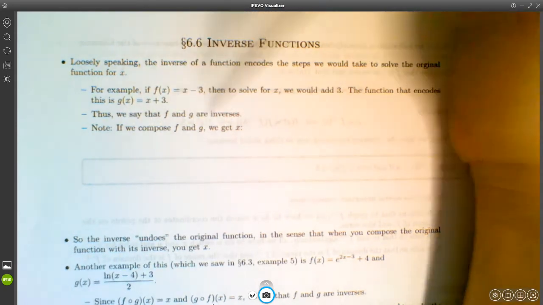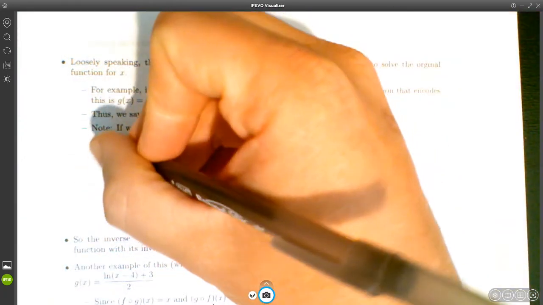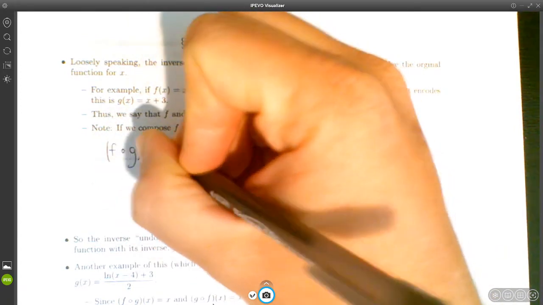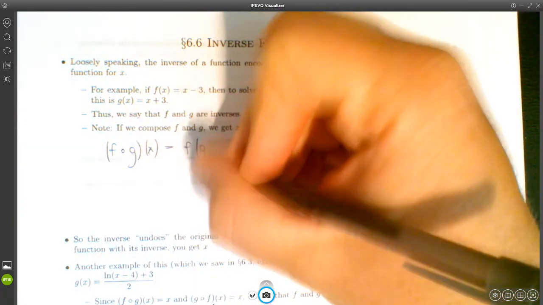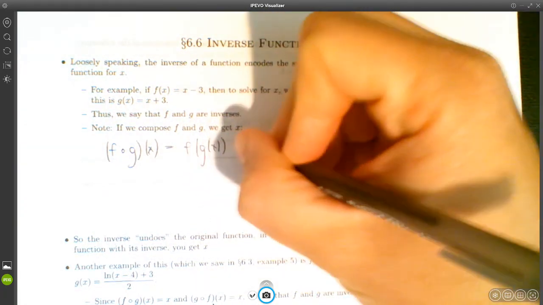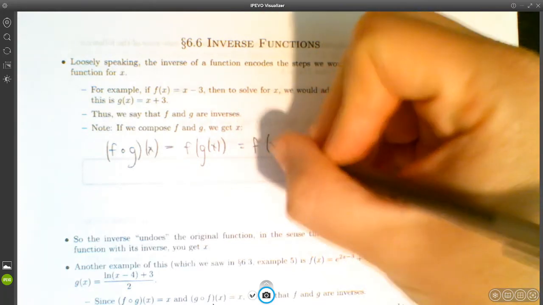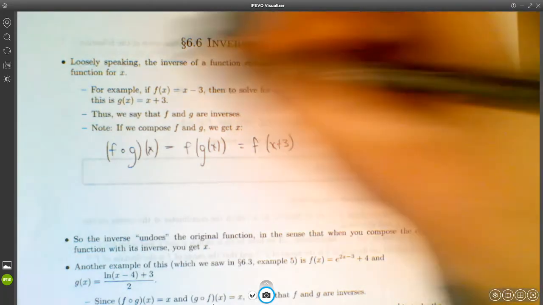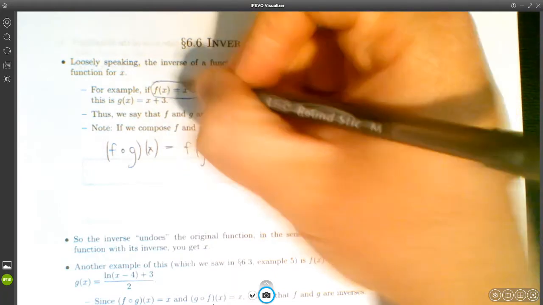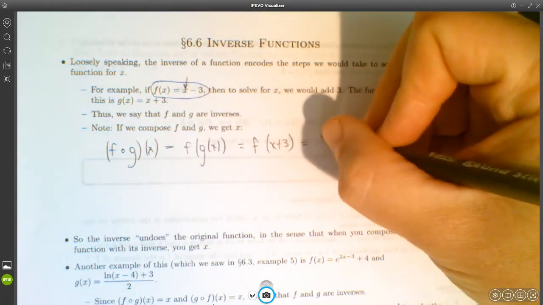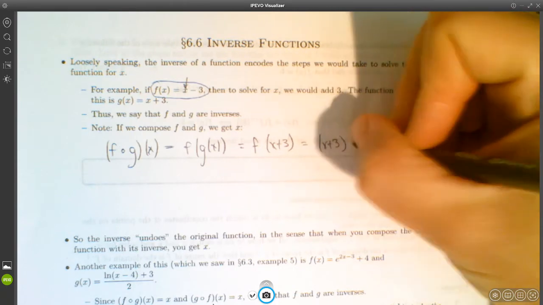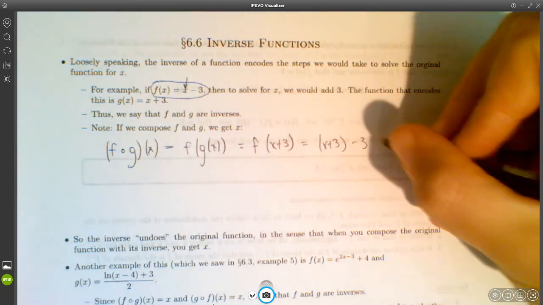And to show that, notice that when we compose f with g, we get f of g of x. So that's f of x plus 3. So that means I'm going to look at f, and wherever I see an x, I'm going to replace it with x plus 3. And we're going to get x plus 3 minus 3, which is, of course, just x.